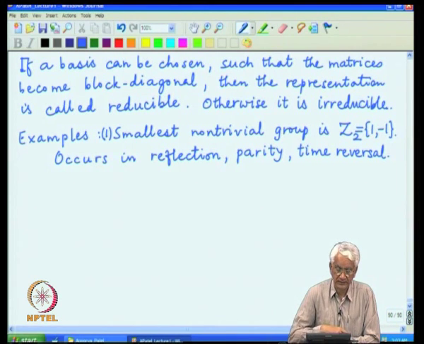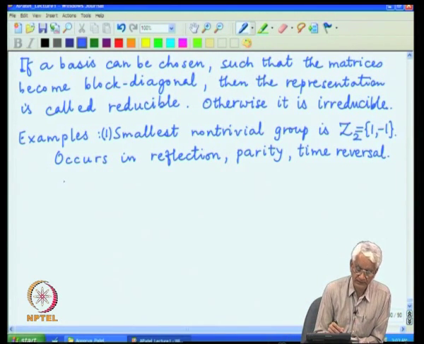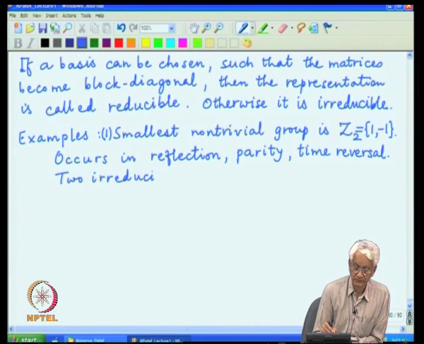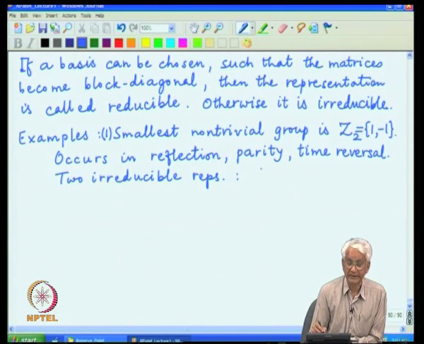It has this simple property, and it has basically two irreducible representations. Both are one dimensional.